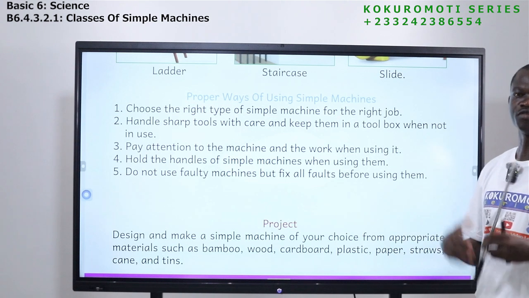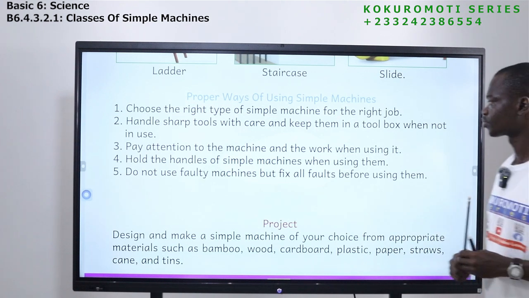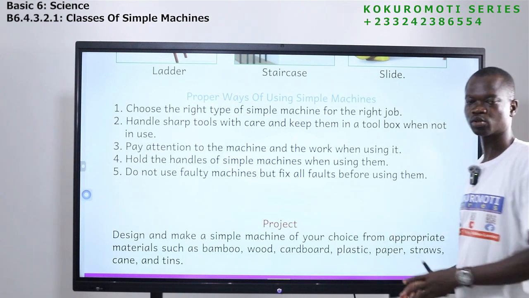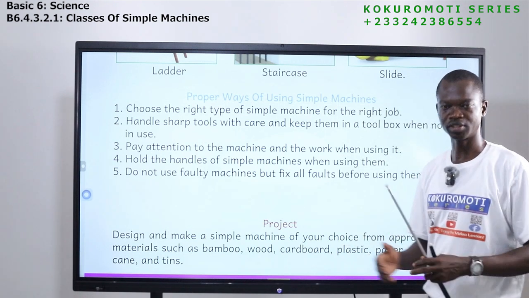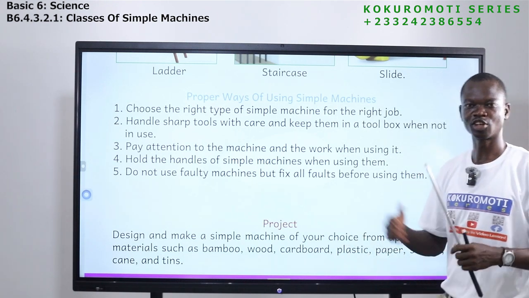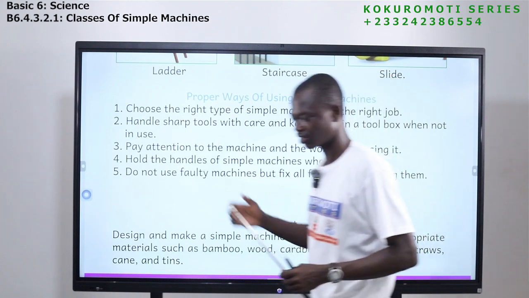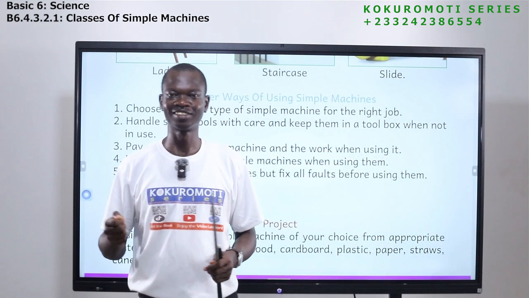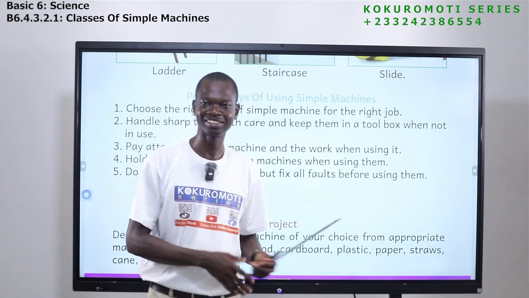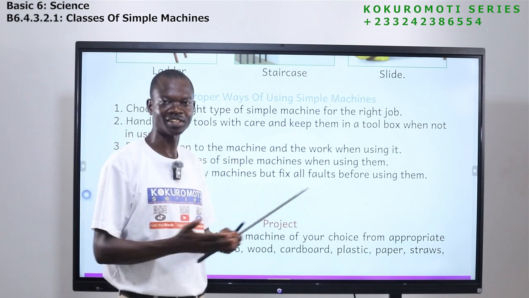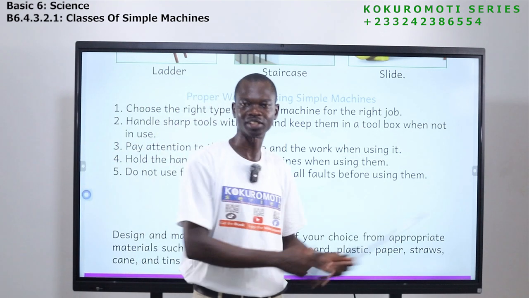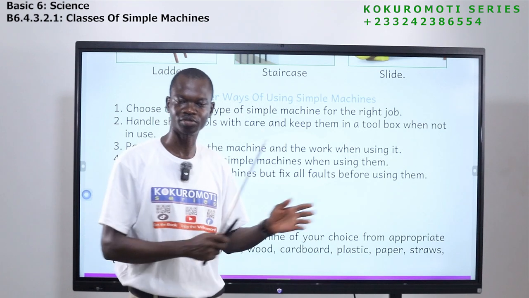If you want to carry a load from one point to another point, please, if a wheelbarrow is there, use it. Don't use a spoon to fetch sand. Use the wheelbarrow. It is used for that.